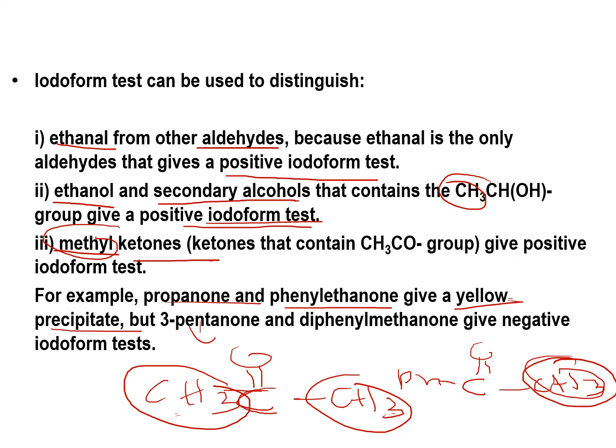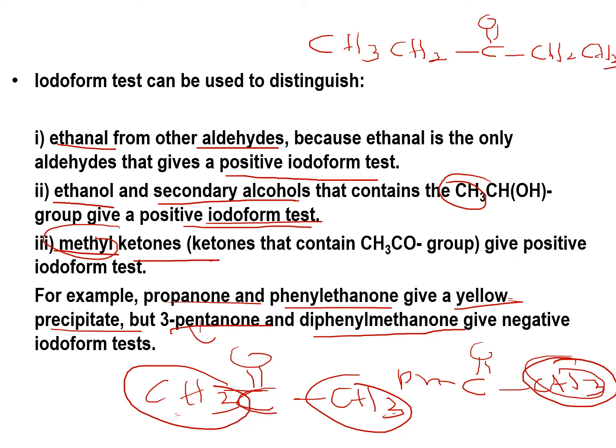But 3-pentanone and diphenylmethanone give a negative iodoform test. Pentanone has 5 carbons: CH3, CH2, C at carbon number 3 with double bond O, CH2, CH3.